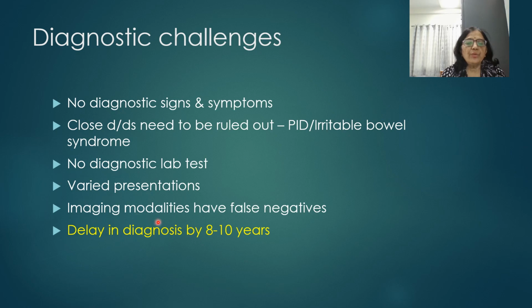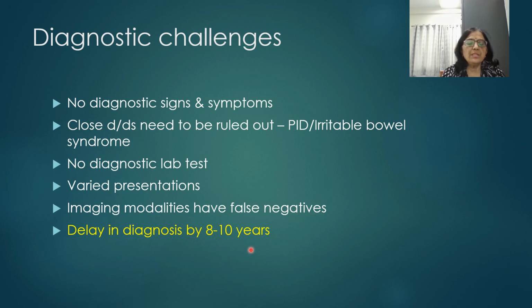Now, even if we go for imaging modalities, there are false negatives in the sense that peritoneal disease is difficult to catch even by MRI. With ultrasonography it is very difficult, as well as with MRI also. Peritoneal lesions are many times missed. So there are many false negatives with imaging modalities also.